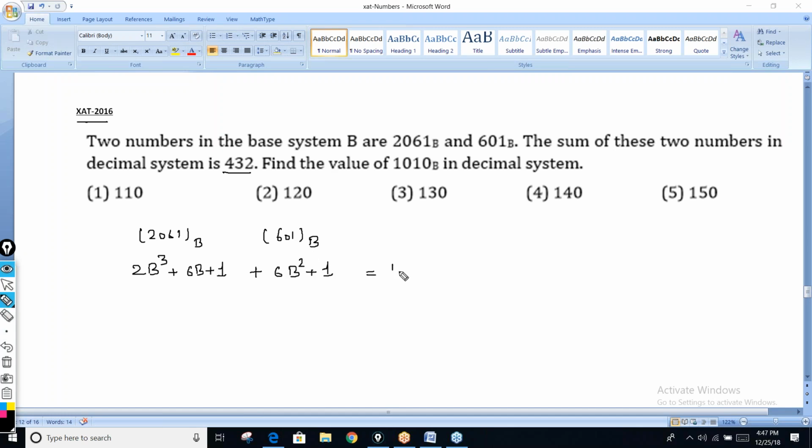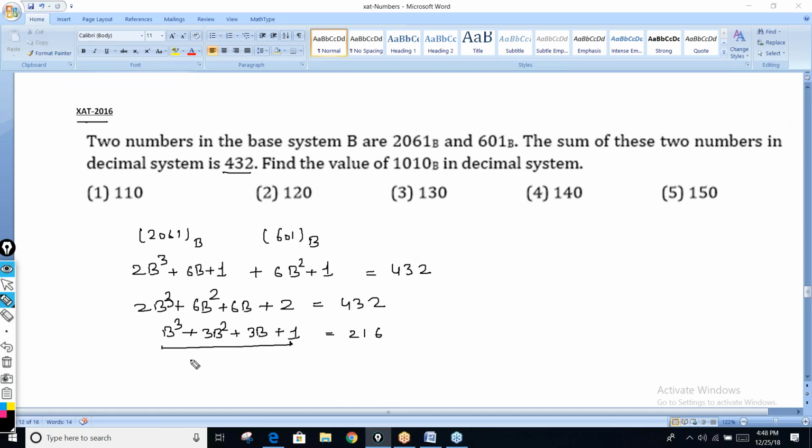The sum of these two numbers is given as 432. So 2b cube plus 6b square plus 6b plus 2 should be 432, or b cube plus 3b square plus 3b plus 1 should be 216.